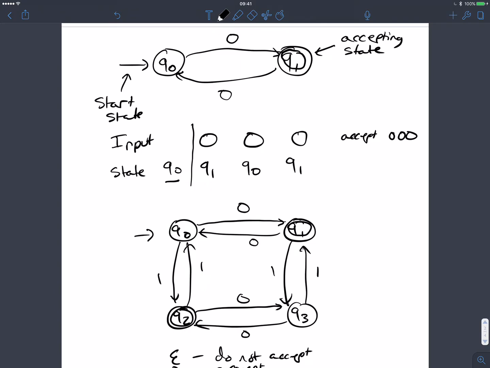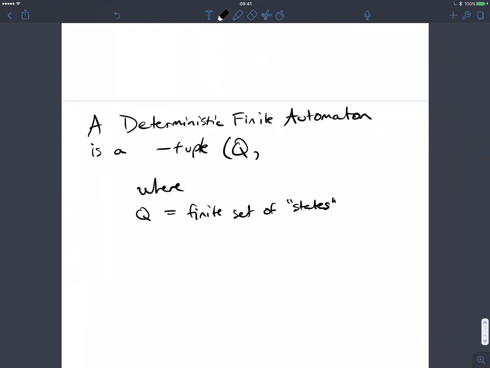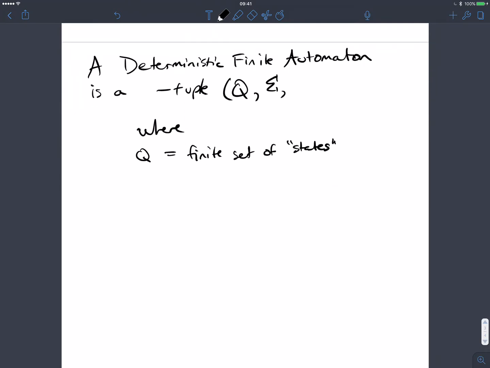But could I be talking about a model where it could have anything as input? Yeah, possibly. I could have maybe 10 different possible characters on the input. So let's make this as general as possible. I'm going to allow you an actual arbitrary alphabet. So sigma is a finite alphabet.